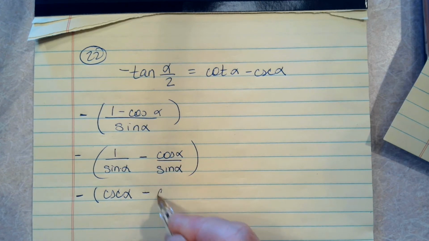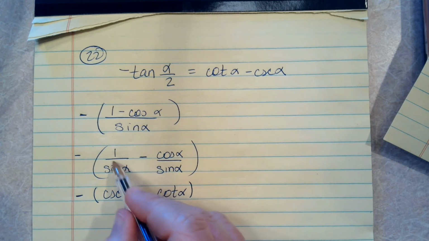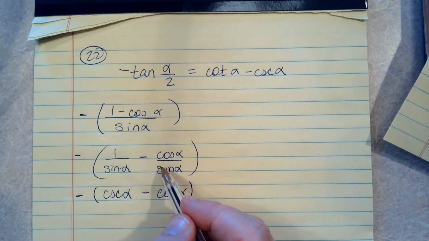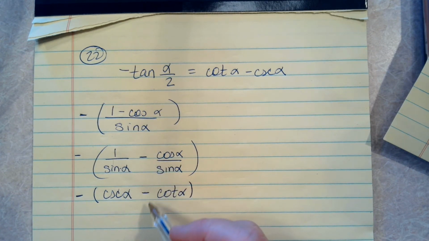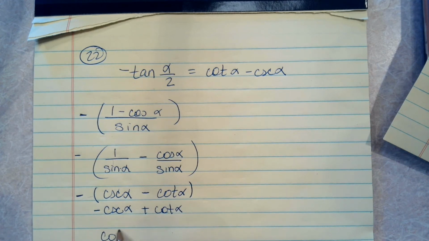And cosine over sine is really the cotangent. So I've split it, and then I can rewrite these using reciprocal identities. Now I need to apply this negative, and it's going to be negative cosecant alpha plus cotangent alpha. Or I could rewrite it the way the problem has it, cotangent alpha minus cosecant alpha.